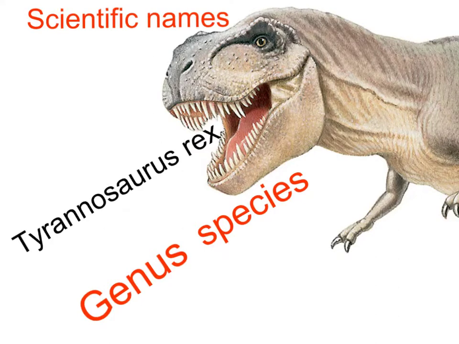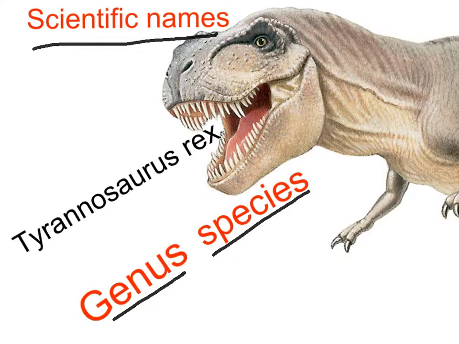When classifying organisms, biologists give organisms scientific names. This name is always the same even if the organism has many different common names. Scientific names have 2 parts: the genus, which is always capitalized, and species, which is never capitalized.